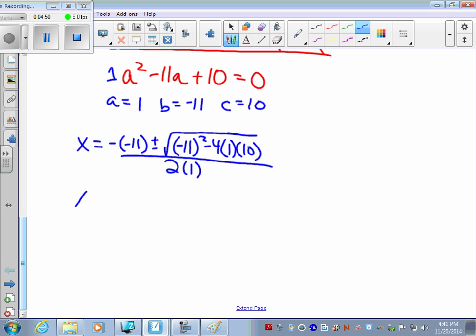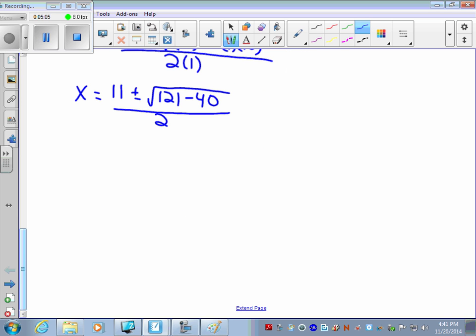So x equals the opposite of negative 11, which is 11, plus or minus the square root of negative 11 squared, which is 121, minus 40, divided by 2. 121 minus 40 is 81, divided by 2. The square root of 81 is 9, divided by 2.